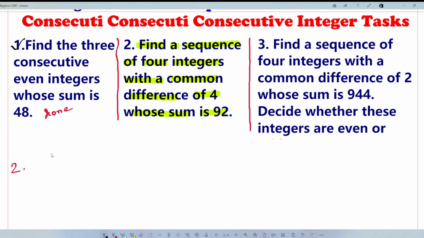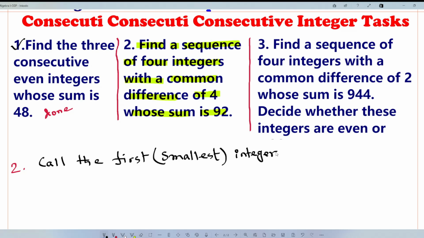So first we can call the first, smallest integer x.